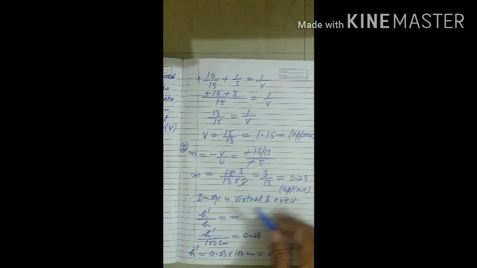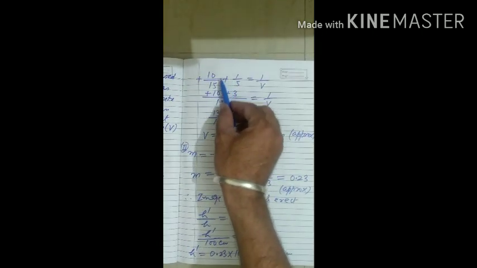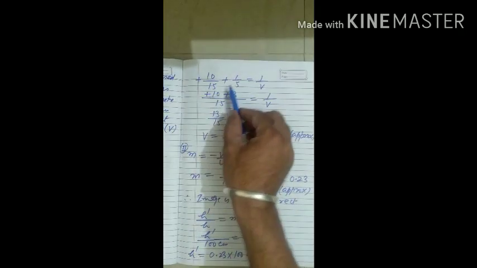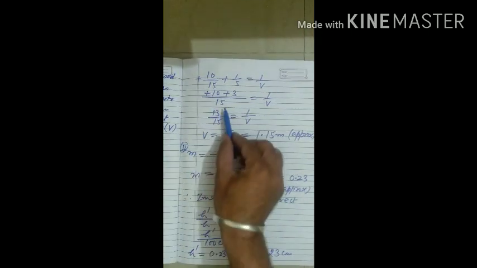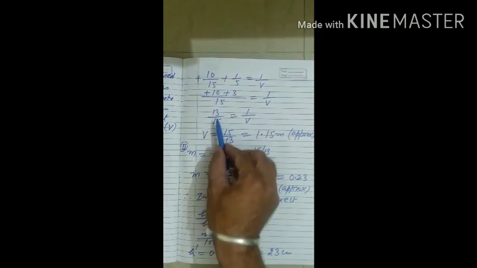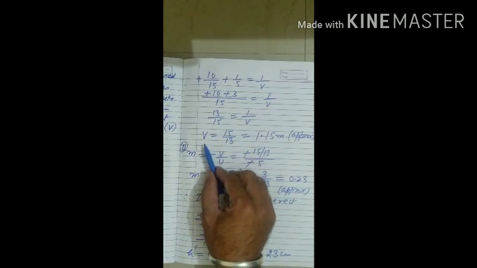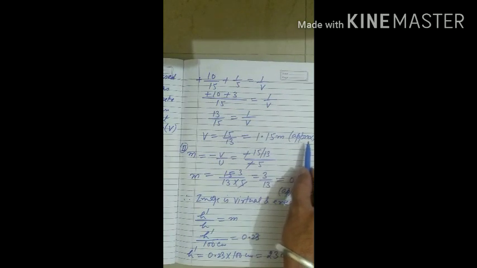On further calculation, shifting the 1 over 5 on this side. Previously it was negative, now it is positive. 10 upon 15 plus 1 upon 5 is equal to 1 upon v. Taking LCM 15, it is 10 plus 3. That means 13 upon 15 is 1 upon v. When you reciprocate, 15 upon 13, v is 1.15 meter approximately.